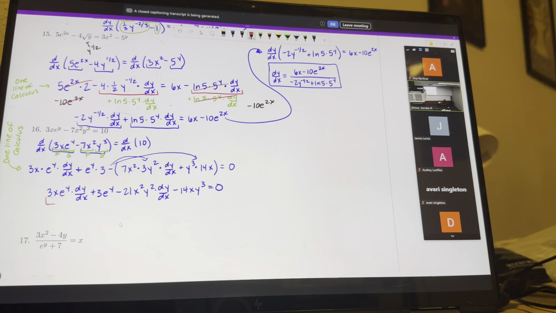So we see that on the left-hand side, we have 2 terms that have a dy dx and 2 that do not. So I need to move the 2 that do not have a dy dx in them to the right-hand side. So subtract 3 e to the y and add 14xy cubed to both sides.